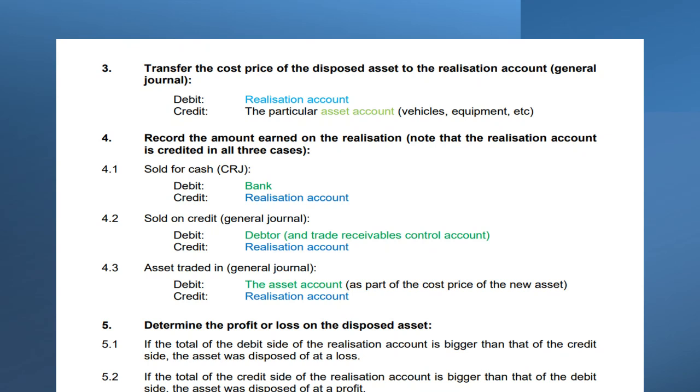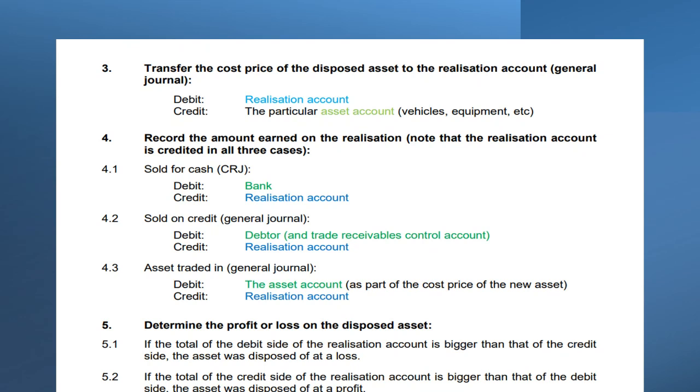When you bought that asset, you debited it because assets increase on the debit side, and you recorded it in the books at cost price. Now they are telling you to transfer the cost price of the disposed asset to the realization account. So they are requesting you to zero out that asset account at cost because you are selling the asset now. Remember that assets increase on the debit side and reduce on the credit side.